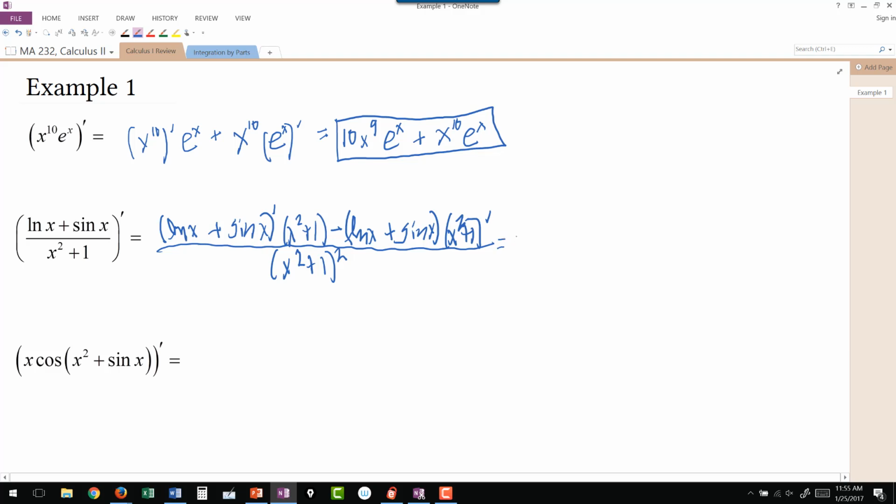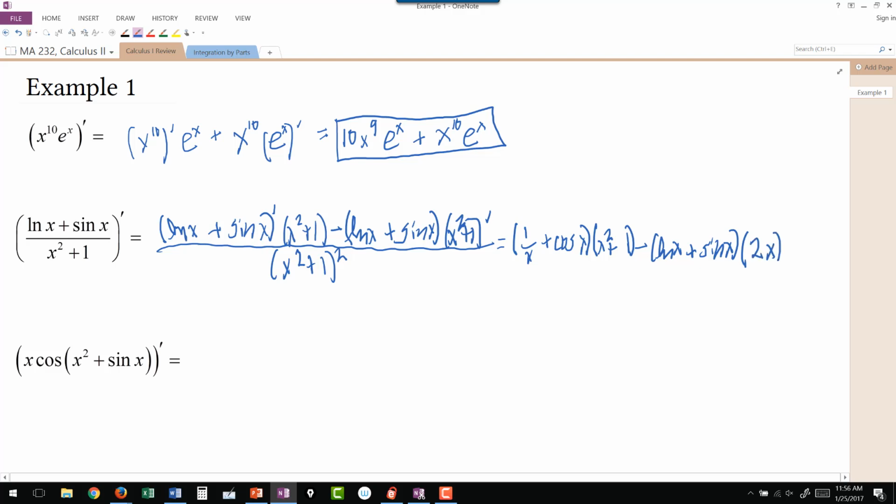So if I take the derivatives on top, I get the derivative of log x is 1 over x plus the derivative of sine x, which is cosine x, still multiplied by x squared plus 1. And now I subtract log x plus sine x and multiply by the derivative of x squared plus 1.